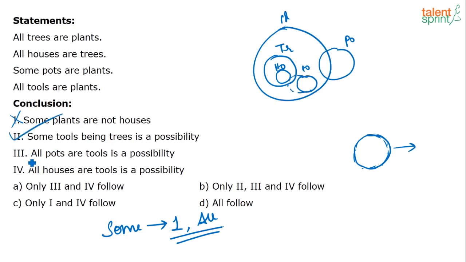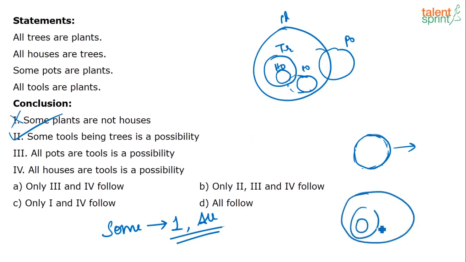Now let us look at the third statement. All pots are tools is a possibility. So all pots, what is given about that? Some pots are plants, okay. All pots, yes, all pots are tools definitely is a possibility, right? This pots again can be here, in the sense you can redraw this diagram like this.